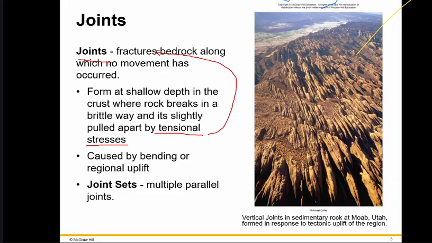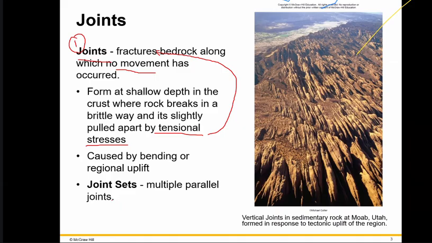All right. We're saying joint is the first type of fracture, number one. And they are characterized by relatively little or no displacement along the fracture. They are caused by bending or regional uplift. Essentially, that is characterized by tensional stresses.